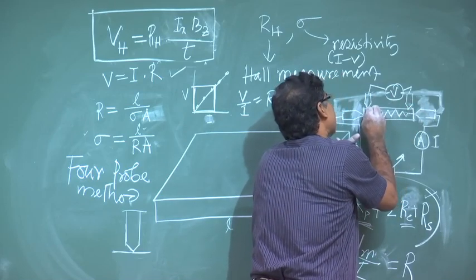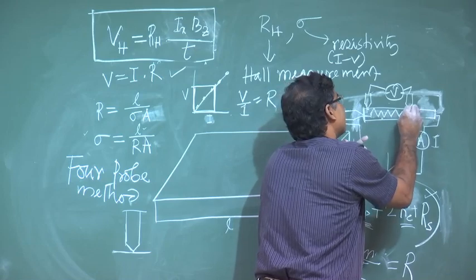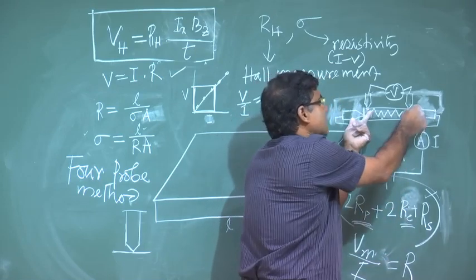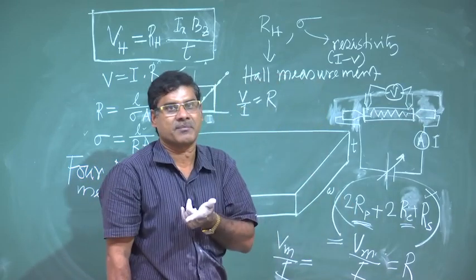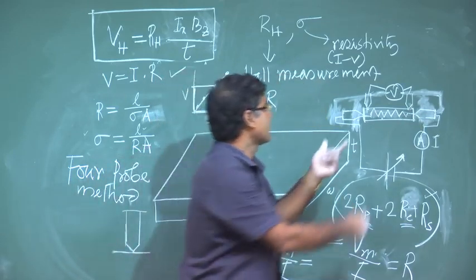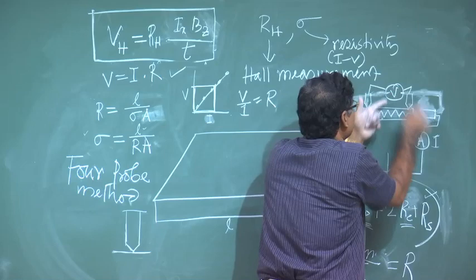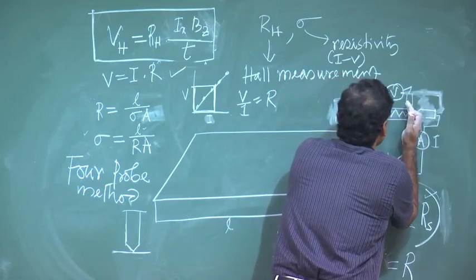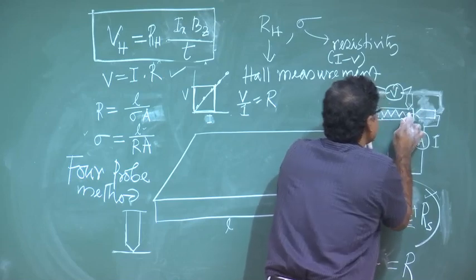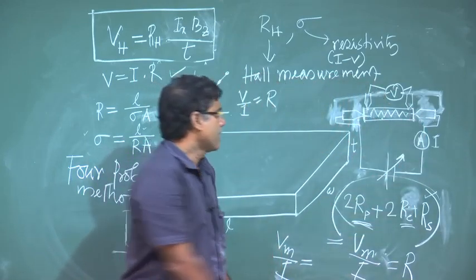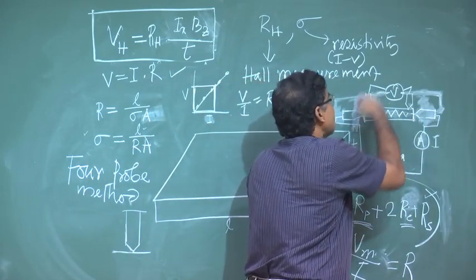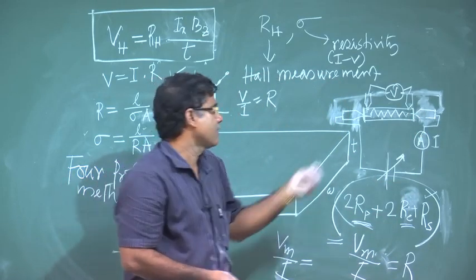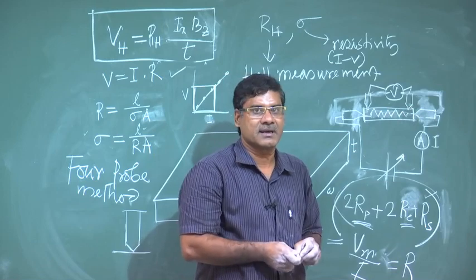So, there will not be any voltage drop because of this. So, this contact resistance will not come into the picture. Whatever voltage reading I am getting, that is purely the voltage drop because of my sample, right, because through this contact no current is flowing. So, how will this contact resistance affect it?